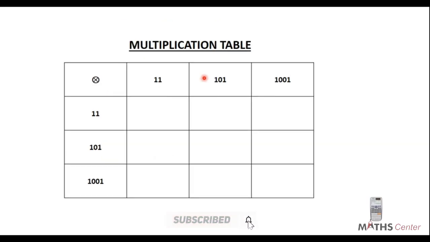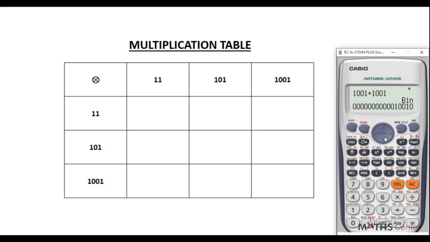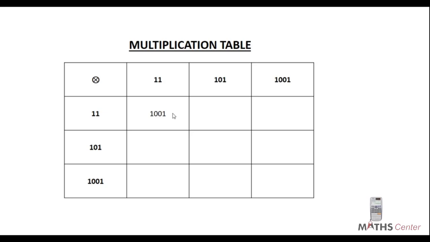Let's look at the multiplication table. So it follows the same principle, just that in this case we are doing multiplication instead of addition. So in this first box, we are going to have 1 times 1. So we get 1001 here. So 1001.